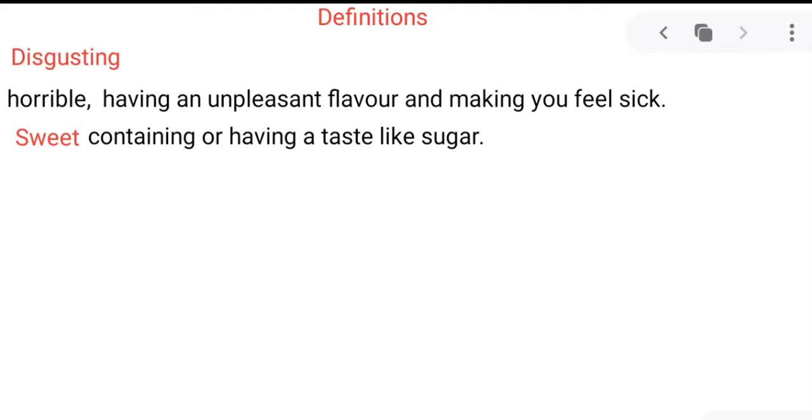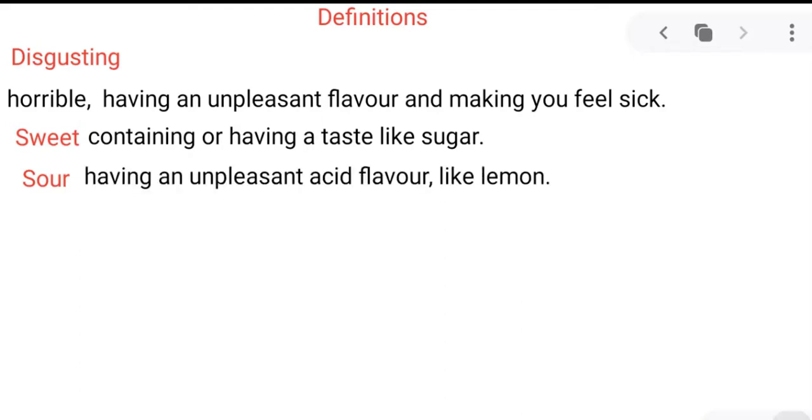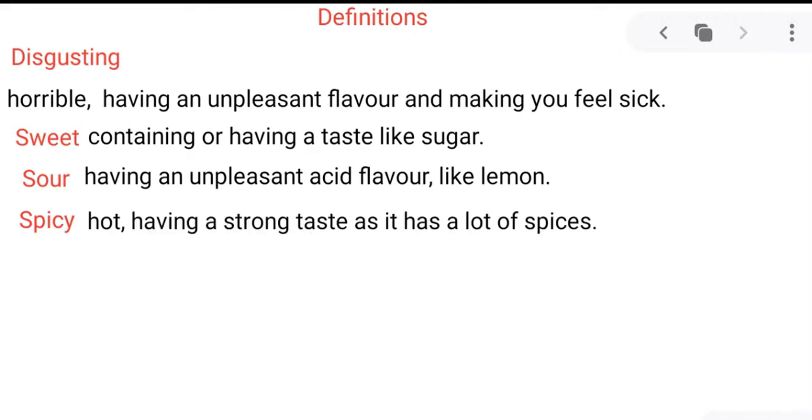Number 3, sour. Having an unpleasant acid flavor like lemon. Okay, grade 8. Then, spicy. Hot, having a strong taste because it has a lot of spices.